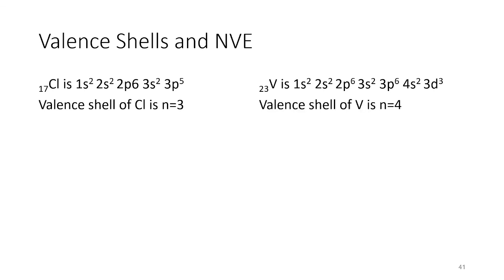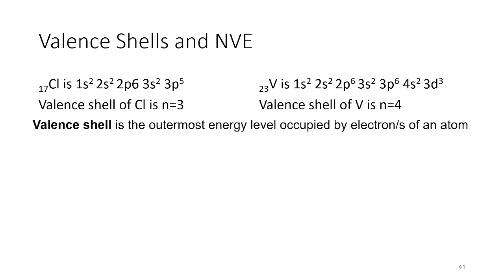When we talk about valence shell, this is the outermost energy level occupied by electrons of an atom. Meaning to say, it is the highest energy level, which here is 3. And for vanadium, the highest energy level is 4.